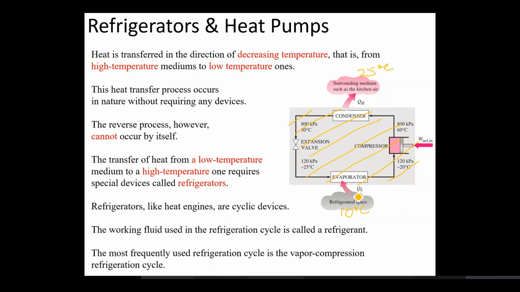This device, which is known as a refrigerator, is essentially taking the heat from a low temperature and transferring the heat to a high temperature source. So it is taking the heat from a low temperature sink or reservoir and throwing the heat to a high temperature reservoir, which is a process that does not occur naturally and requires special devices. These are called refrigerators. Is the working clear to you?